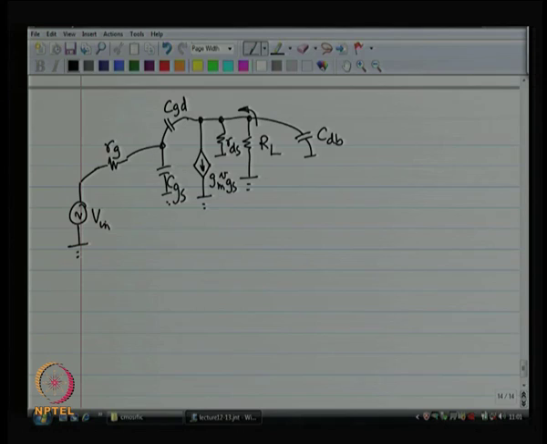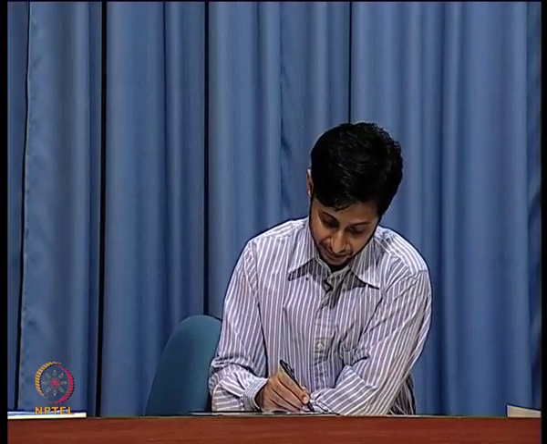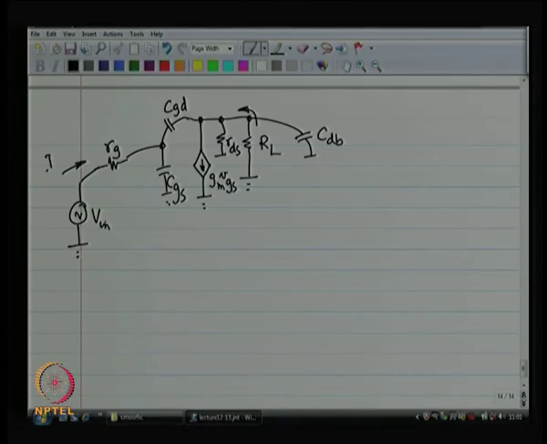So, let us apply V in, and we are going to measure the current that is going in. First of all, we have to find out what is the current going in, that will give me the power that is going into the system, and then I have to find out either the voltage at the output or the current at the output.